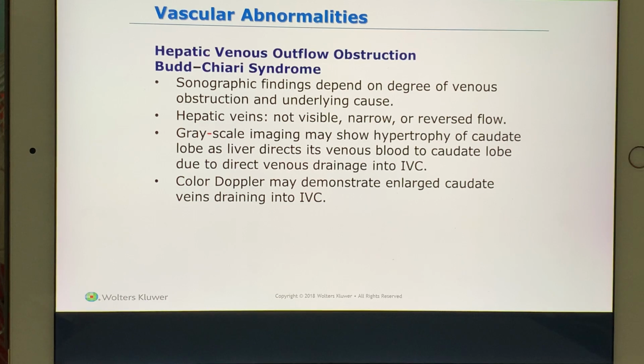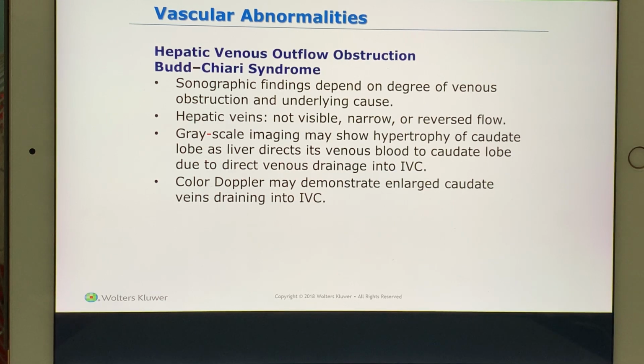Am I hitting them at the correct angle? Do I have hypertrophy of the caudate lobe? Because hypertrophy of the caudate lobe is not unusual with Budd-Chiari, because the venous blood of the caudate lobe drains directly into the IVC.